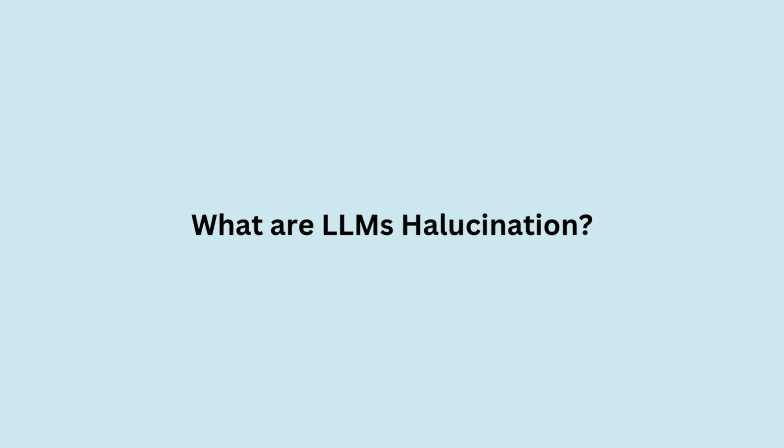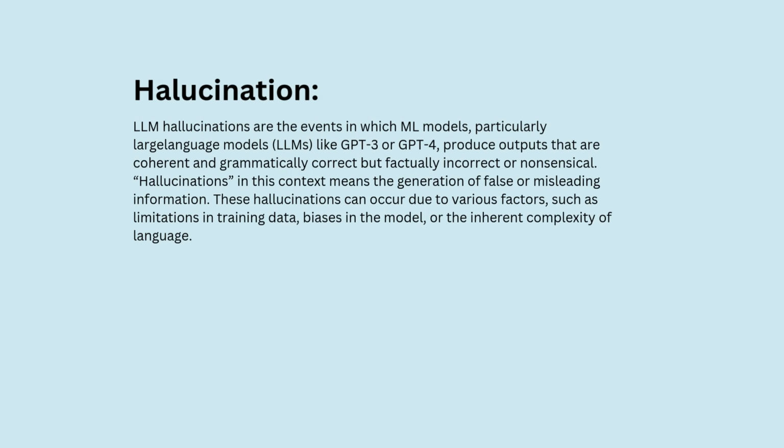Large language models, LLMs, face several limitations and challenges despite their impressive capabilities. One key limitation is their dependency on the data they are trained on. They often struggle with tasks requiring deep reasoning, domain-specific expertise, or understanding nuanced contexts, as they lack true comprehension and rely on probabilistic patterns.